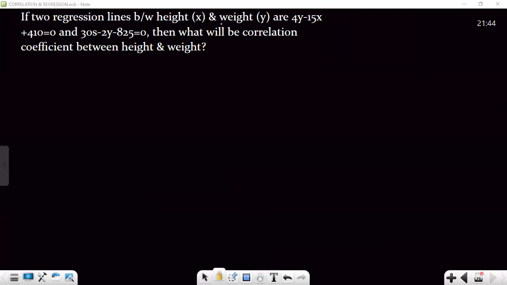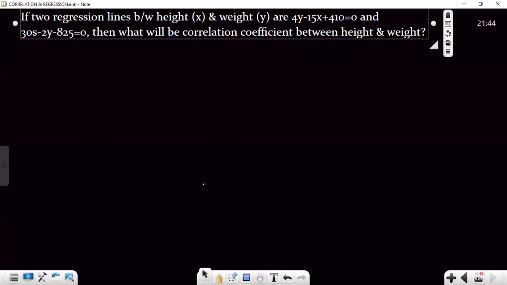Height is the variable x, weight is the variable y.